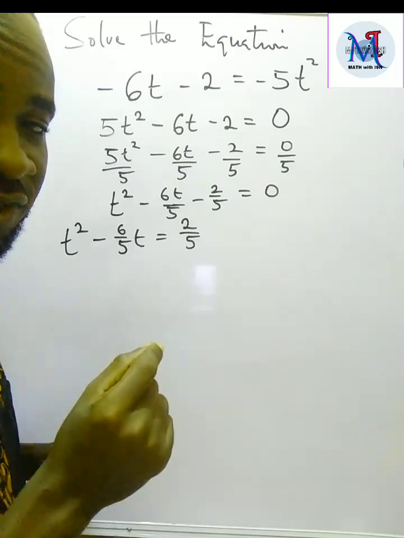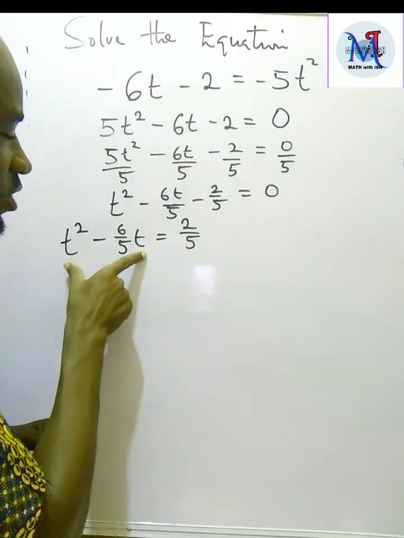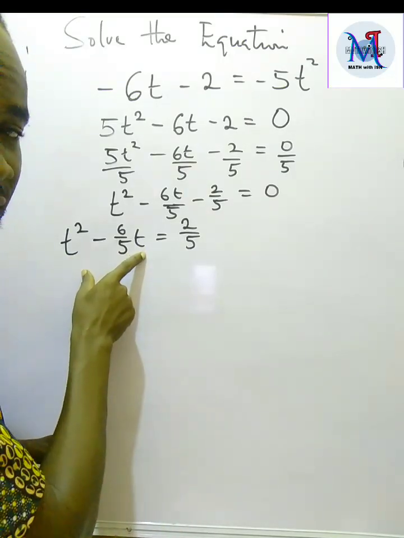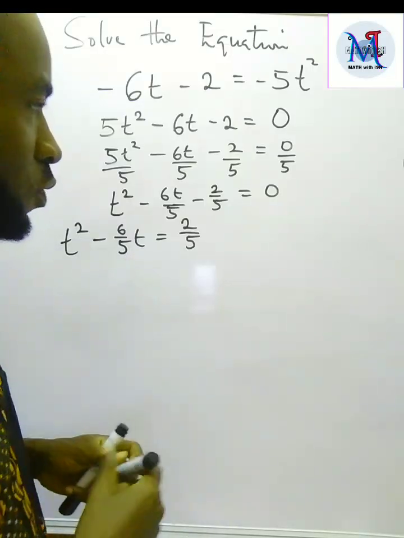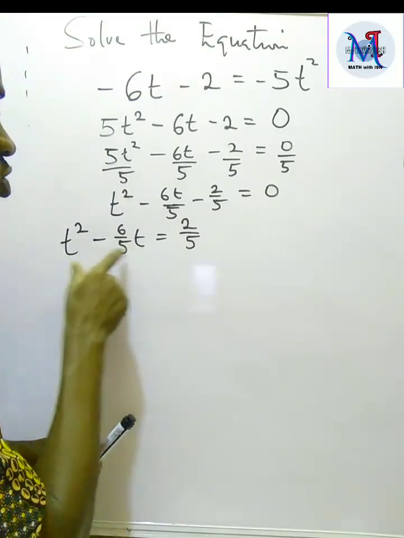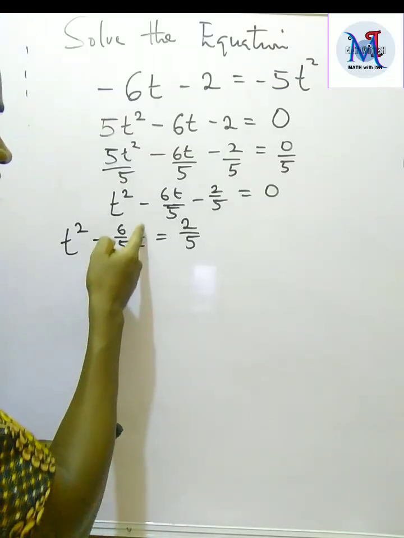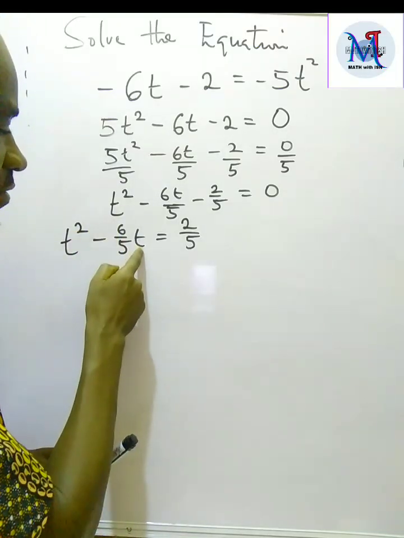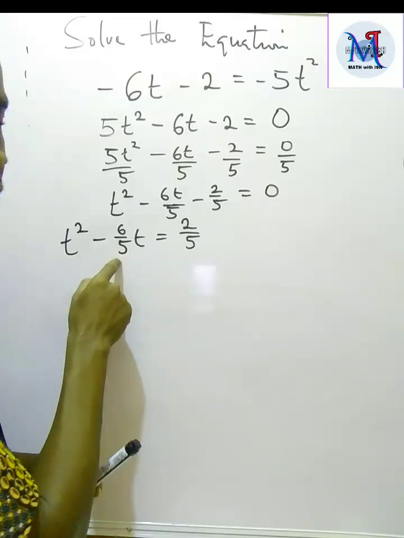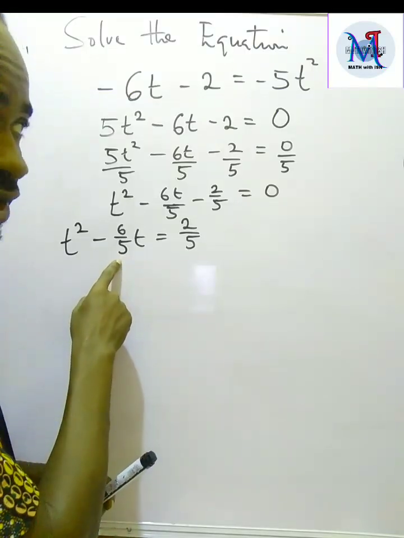So we are going to look for what to add to it to make it a perfect square. Based on my previous video, we always take the coefficient of the second term, multiply it by half, and square it.